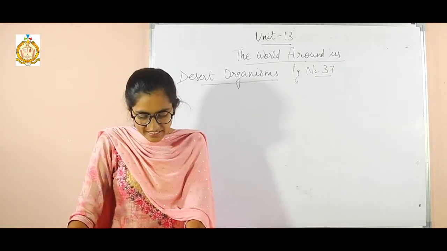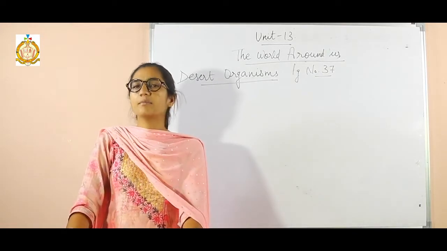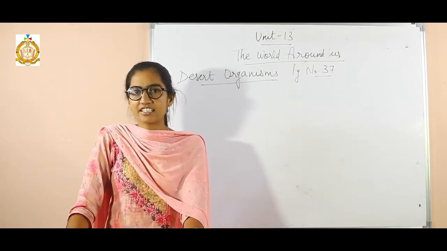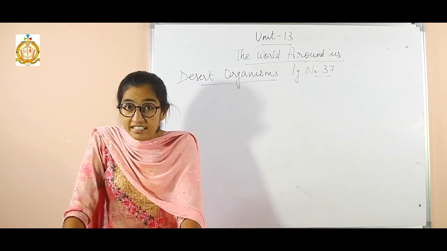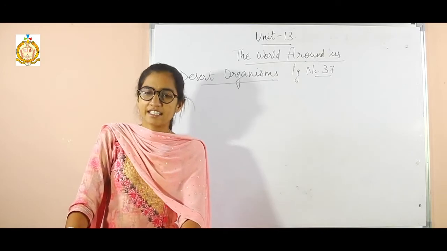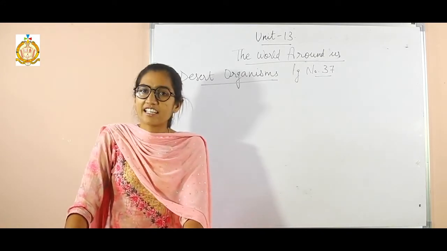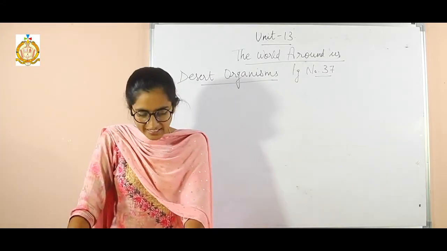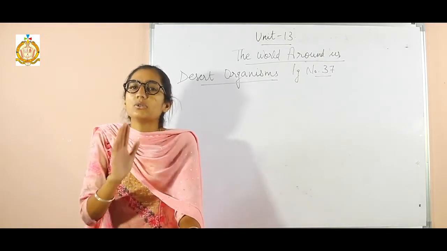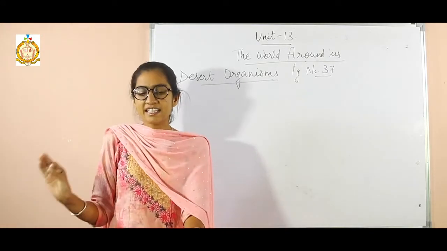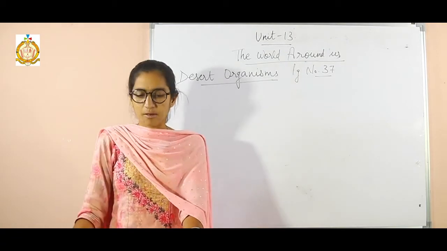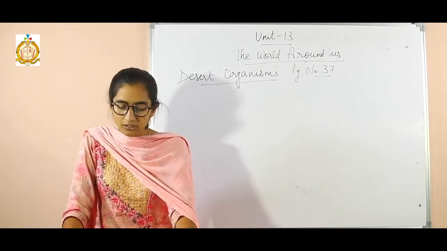Next one is the kakapo. It is a flightless endangered bird. Endangered means the birds which are in danger. It does not fly, and it feeds only on juices and plant extracts. Next one is the red-billed hornbill.